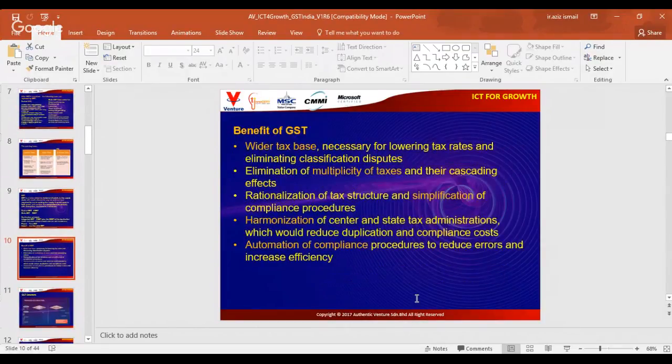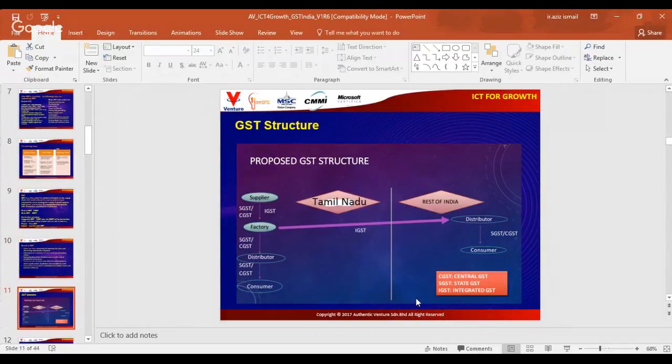We also talked about the various benefits of the GST in the previous session, and we have shown you the structure. For example, if you are in Tamil Nadu and doing business within Tamil Nadu state, then you are going to use the CGST and SGST.